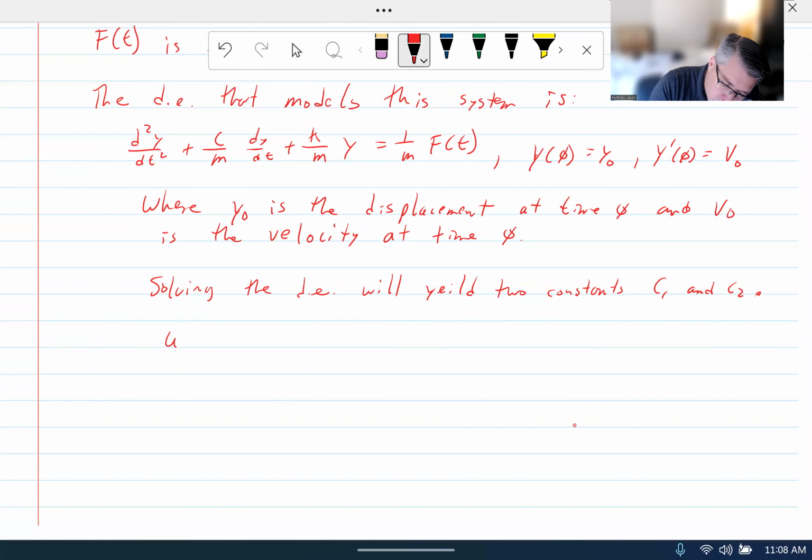Omega naught is the circular frequency, and it is equal to the square root of k over m.